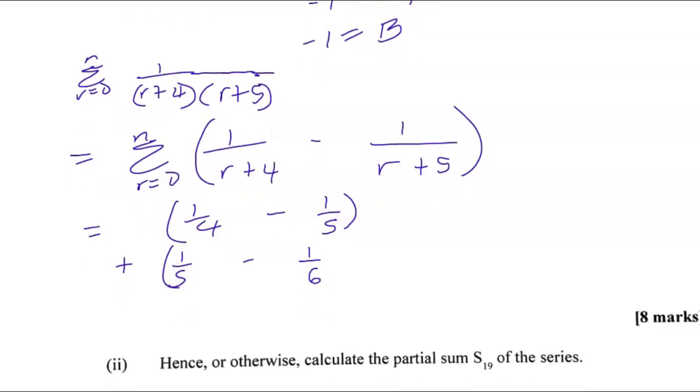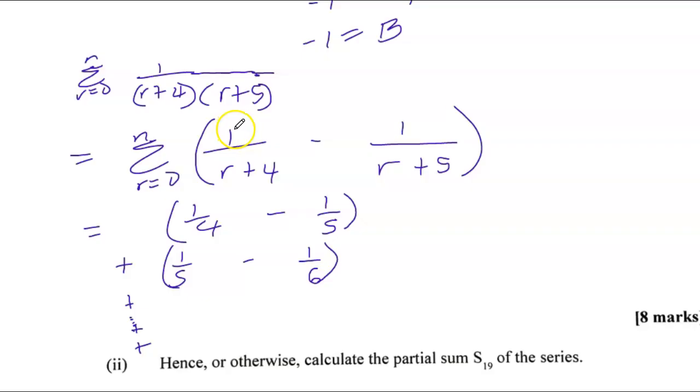Now we can continue on and on. These will be the first two terms. Let's do the last two terms now. The second to last term will be when r is n minus 1.